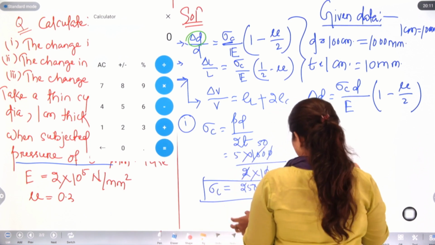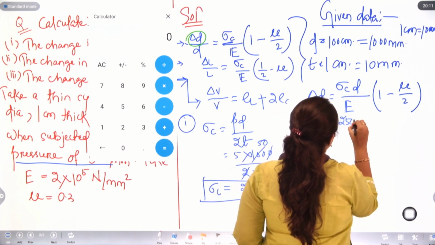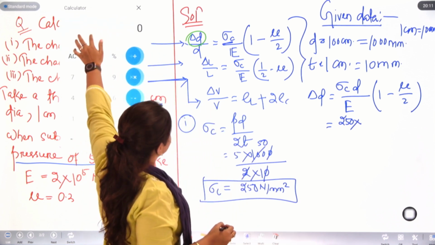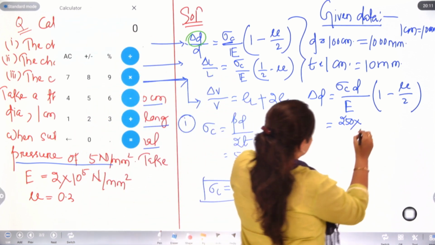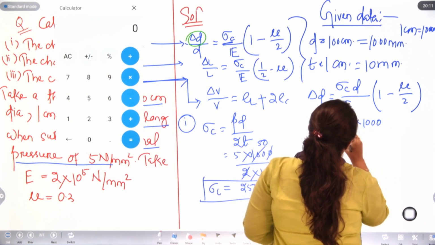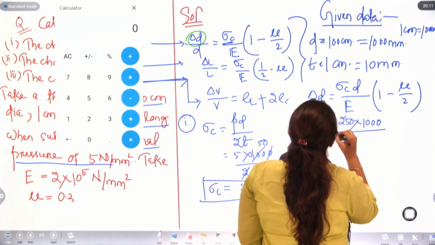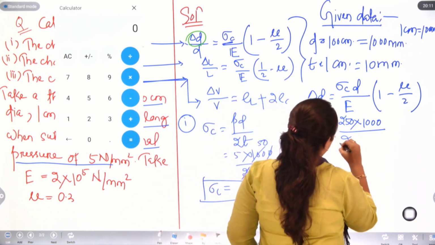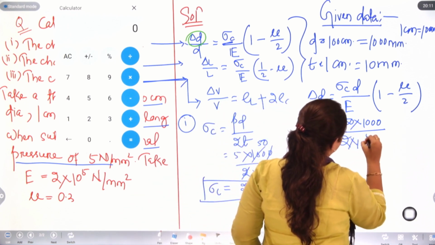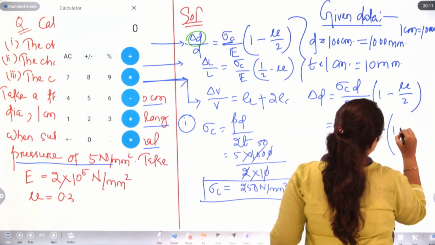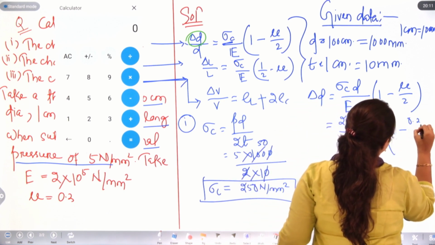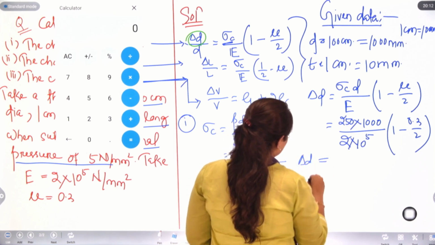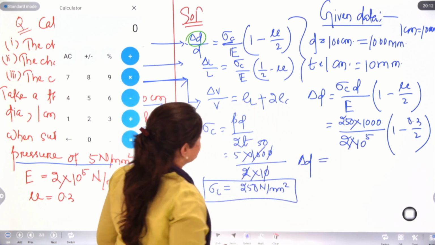So sigma c is what? 250 into D is your what? 1000 mm upon E is what? 2 into 10 to the power 5, 1 minus 0.3 upon 2. So we will calculate this now.